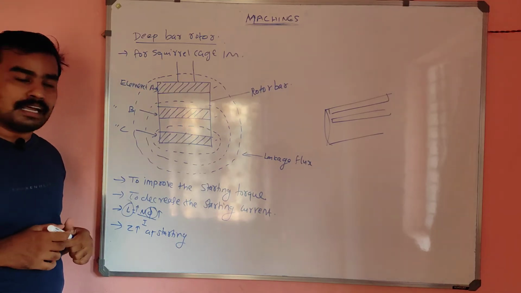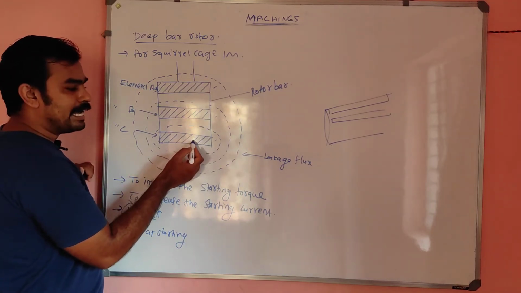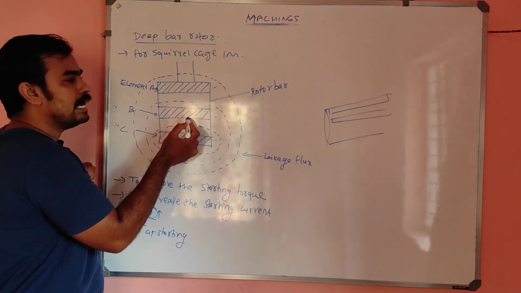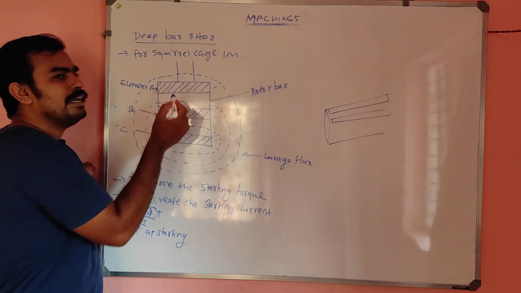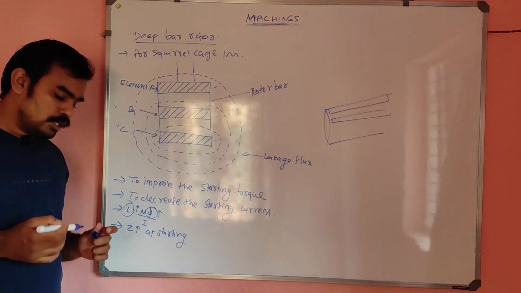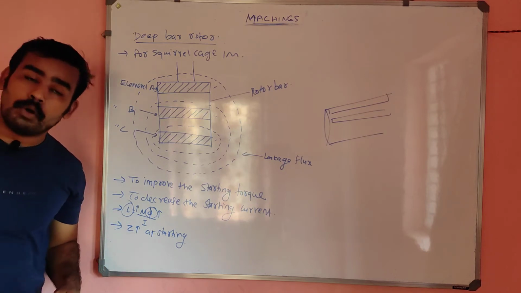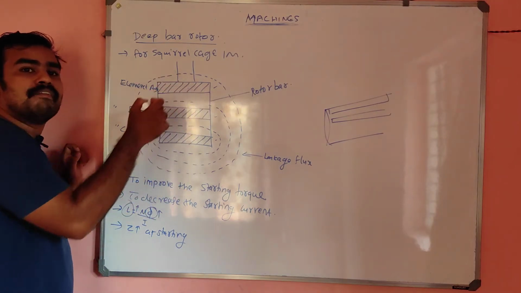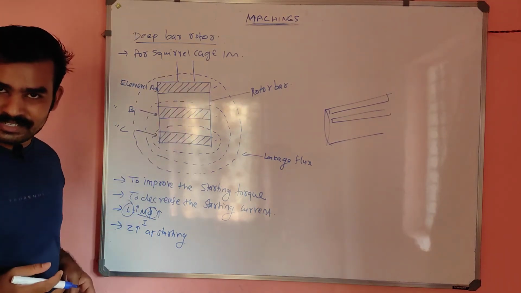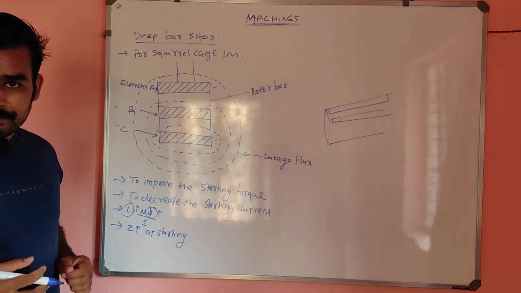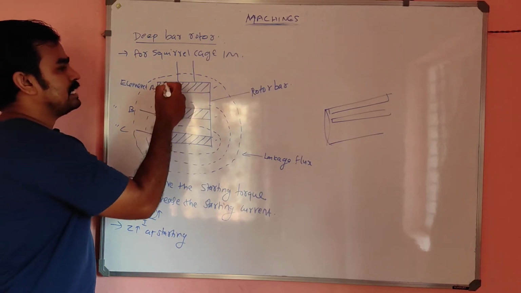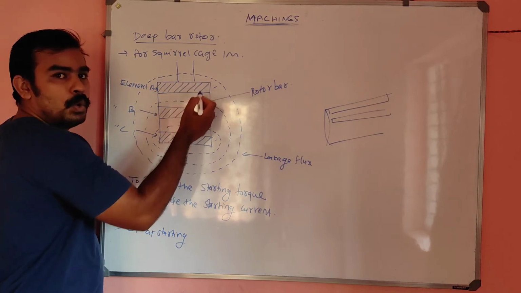After that, the next layer offers the next impedance, and the least impedance will be offered by the top layer. So the current will prefer to flow on this top layer because it has the least impedance at starting, correct? The current will be flowing through this section, but the cross section of this section is very low.